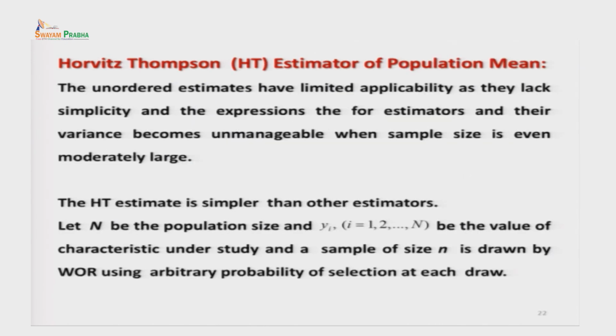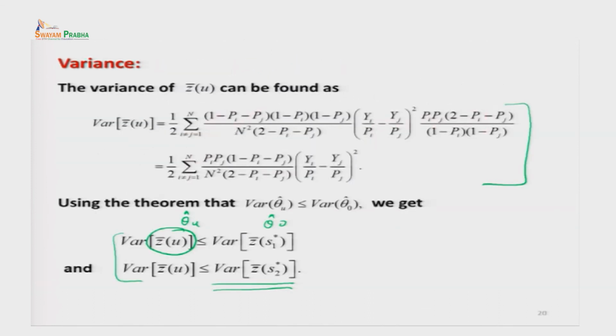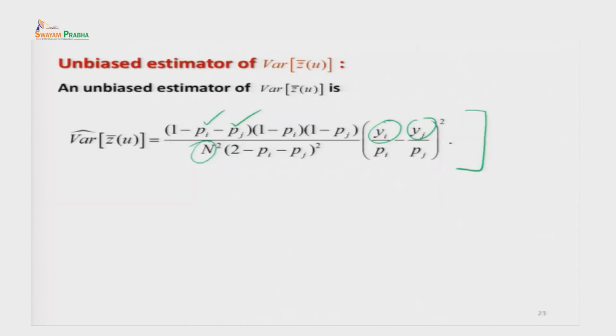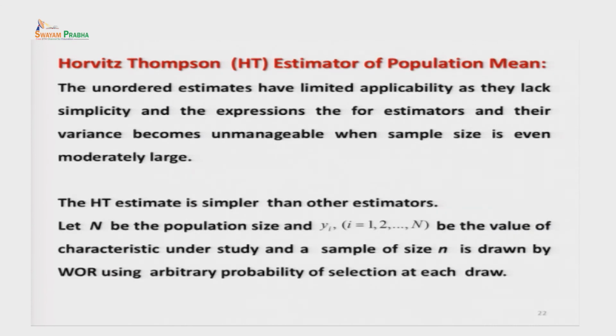Okay, so now we come to one more topic. We have seen that when we are trying to use this unordered estimator, there is a problem. I had just shown you this variance, but I had not given you the proof of the variance of this estimator, because that becomes too complicated to handle.